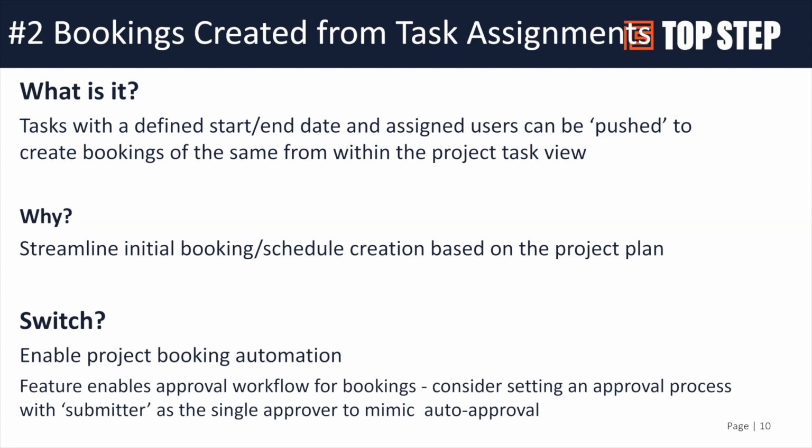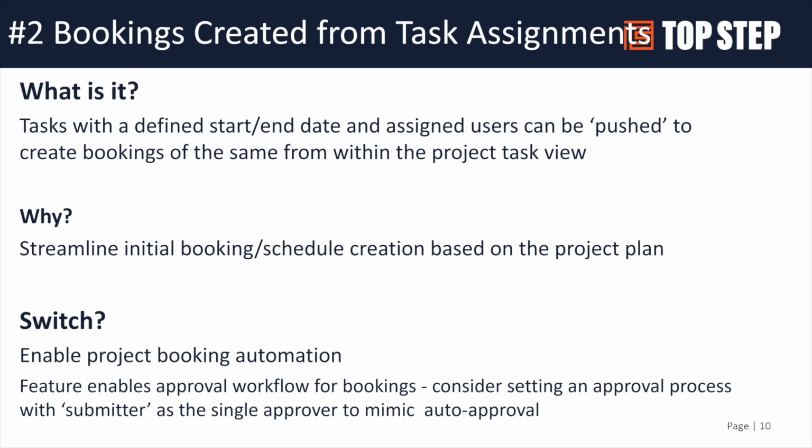What that does is enable the stages where you've got open, submitted, requested, approved, rejected bookings versus just a booking in a list view with a booking type. Now, you can work around that a bit. You can set the approval process to the submitter, so it'll kind of mimic an auto approve. It's like doing a self-approval for a timesheet.